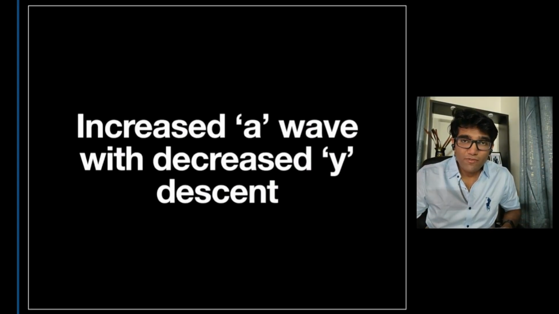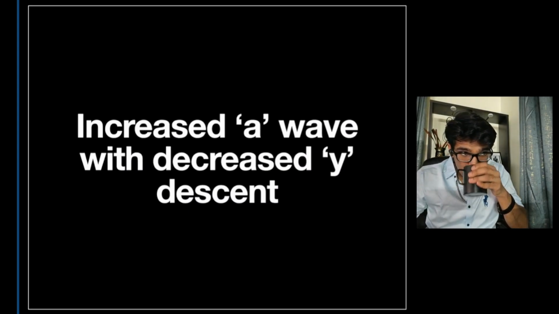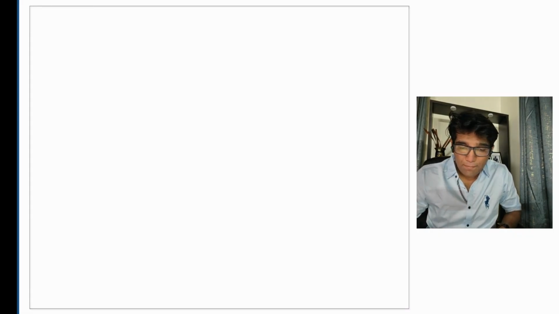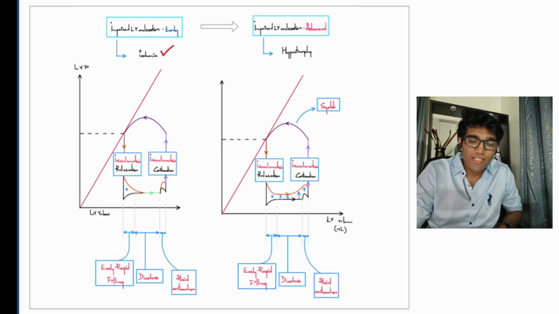Okay. So let's talk about the first abnormality, that is a large A wave with decreased Y descent. Okay. So this is what is happening. There are two abnormalities here. The first thing is we've got ventricular ischemia.